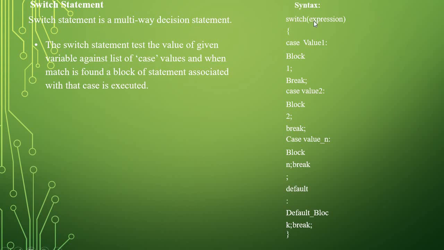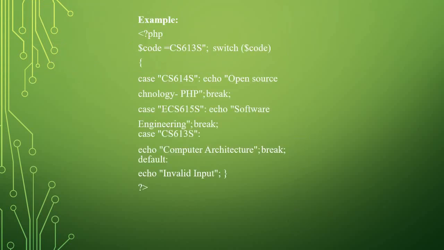The syntax is switch expression followed by open braces, case value 1, set of statements, then break statement, case value 2, set of statements, then break statement. Like that, case number 3, 4, 5. Finally, we have case number n, set of statements, then finally the default statement. So this is the syntax of the switch case statement.